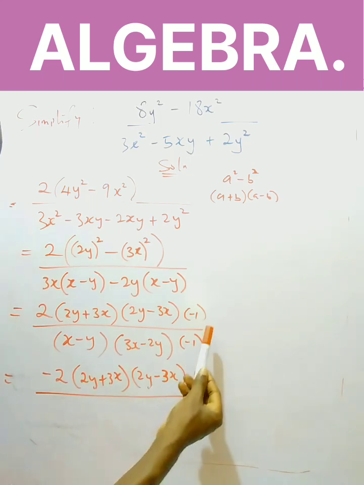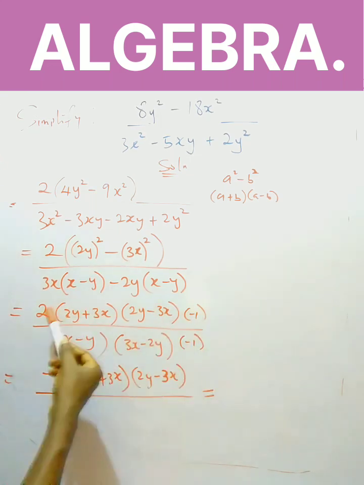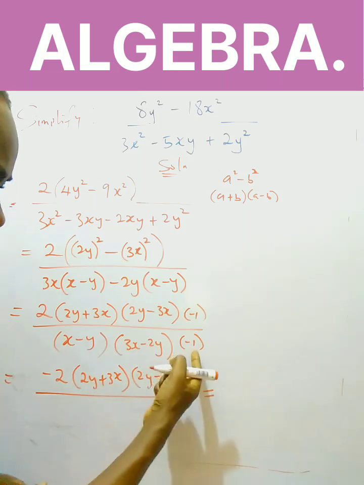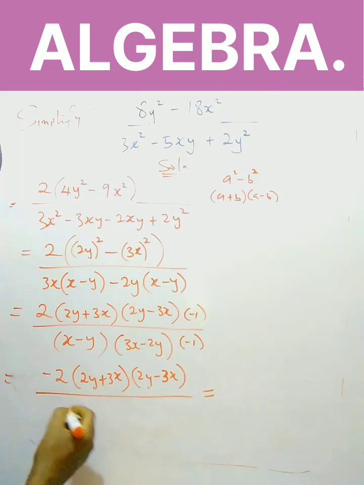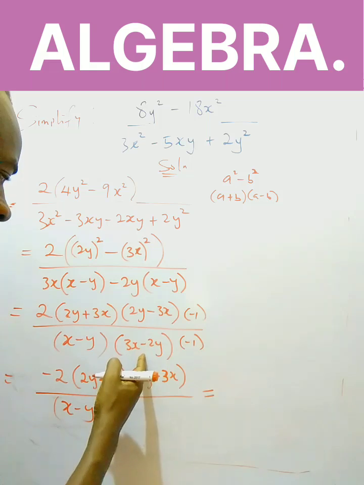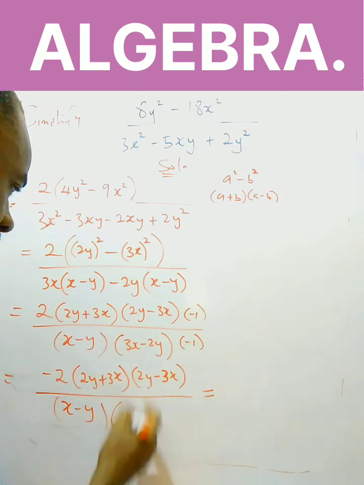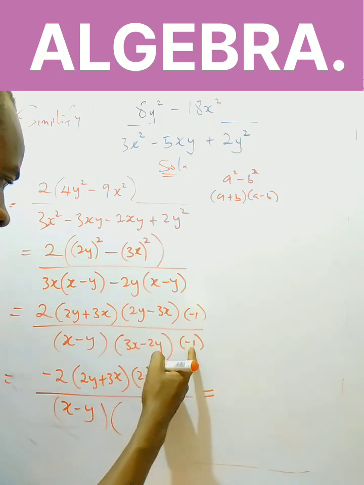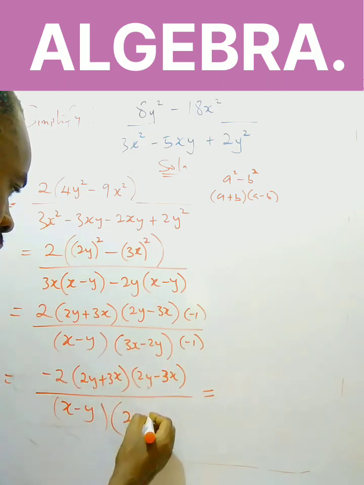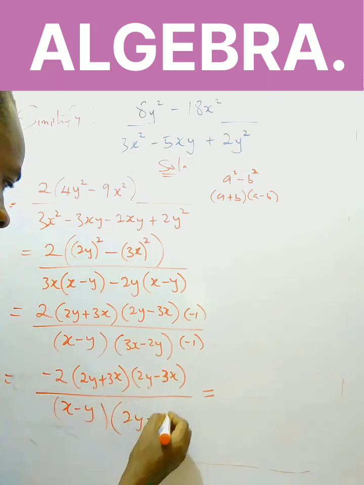Now check out for this one. Like I said, this minus 1 times this will give us minus 2 into this. Then watch out what this minus 1 is going to do. This minus 1 will actually reverse the sign of this bracket, changing it to 2y minus 3x.